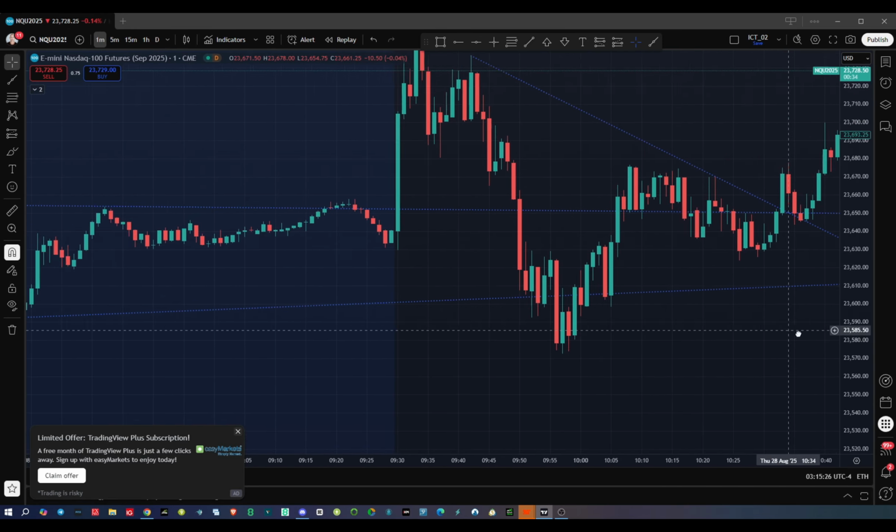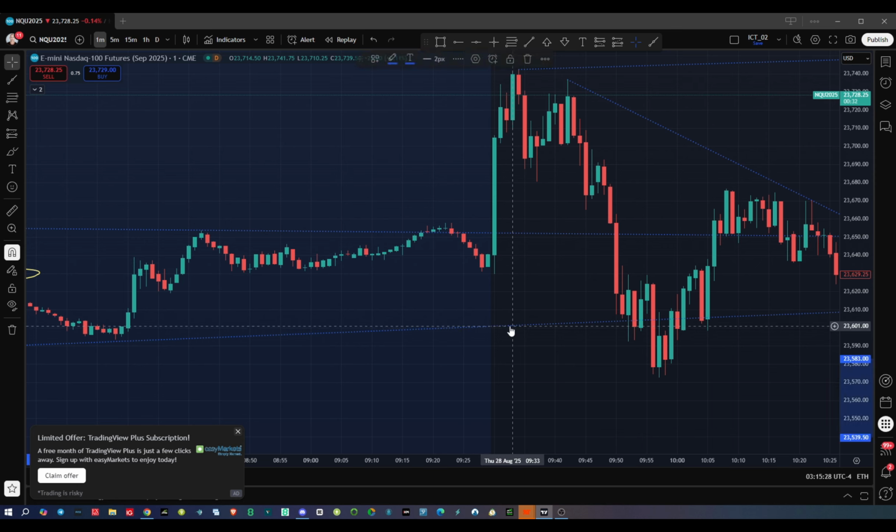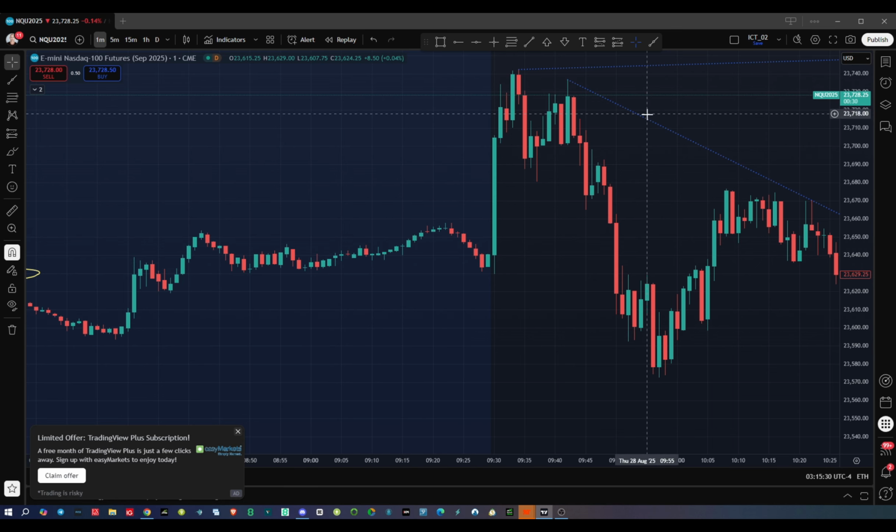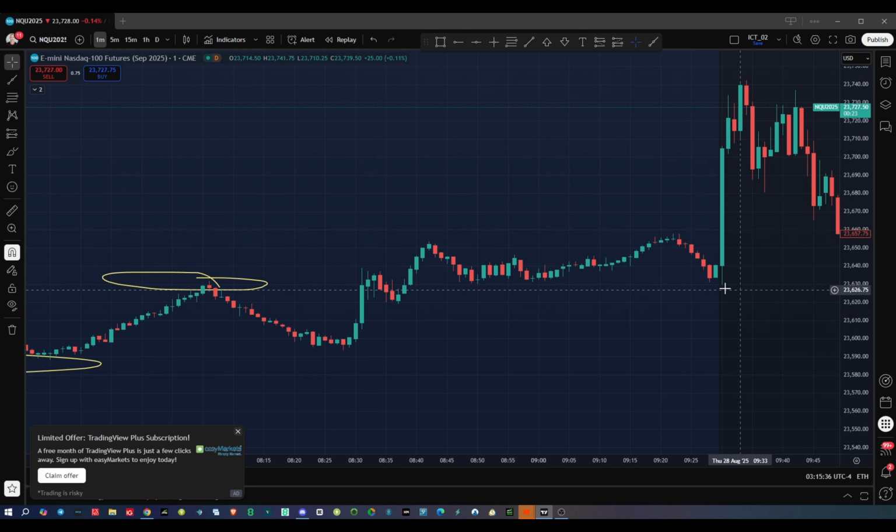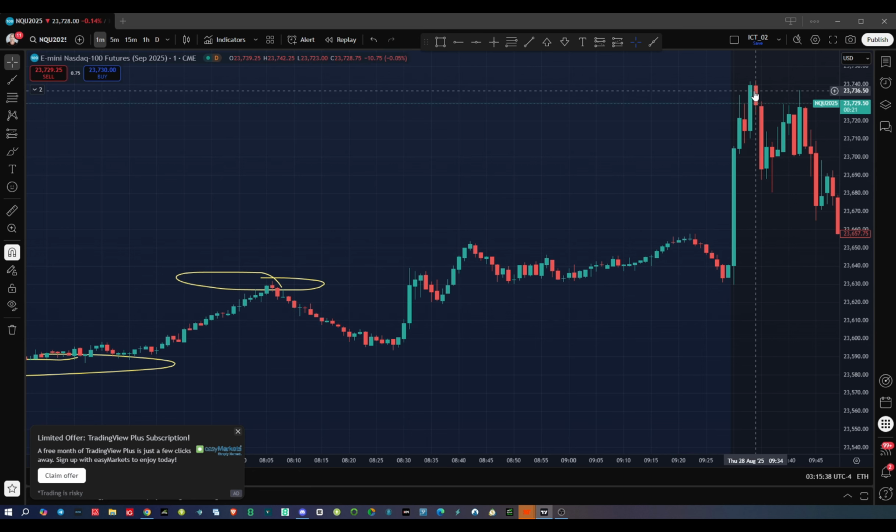Looking at the session here, let's remove everything now and talk through the process I would use to analyze this market. The market opened, went higher, had a bit of a pullback here, went up, then broke down.